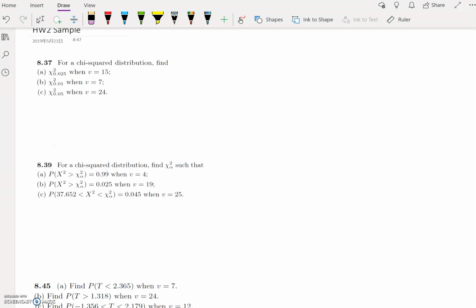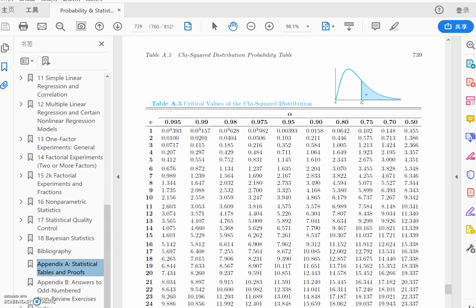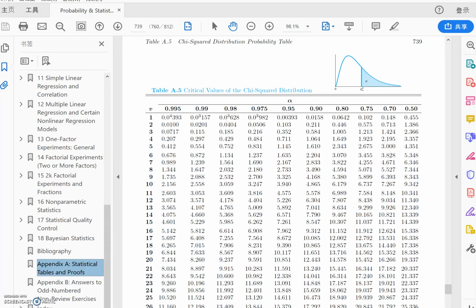So let's look at the first problem. For a chi-squared distribution, find those values when they have those degrees of freedom. Those V stand for degrees of freedom. Let's take a look at the table of critical values for the chi-squared distribution.